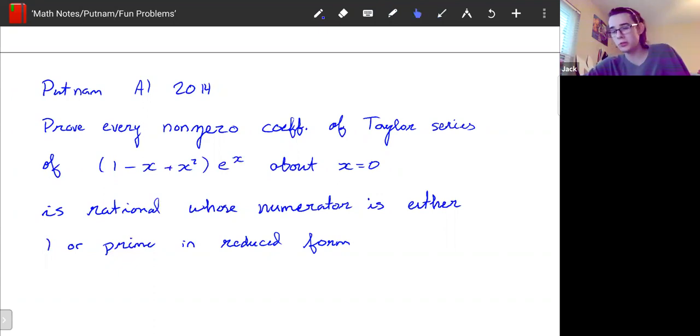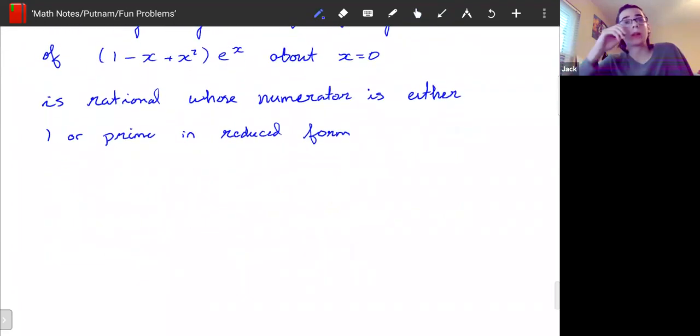So that's a pretty interesting result, right? Times some sort of rational number, of course. But let's go ahead and prove that this is true.